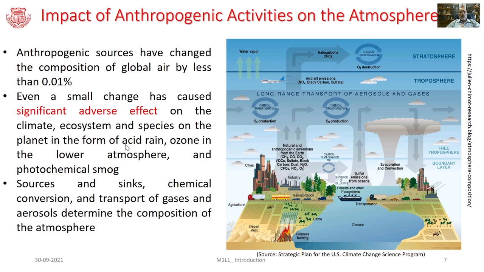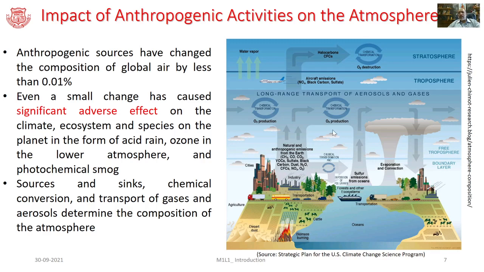The pollutants are generated from both natural as well as man-made activities in the form of methane, carbon dioxide, carbon monoxide, VOC, sulfate, etc. They are traveling through the atmosphere and interacting with each other to give rise to different kinds of pollutants.